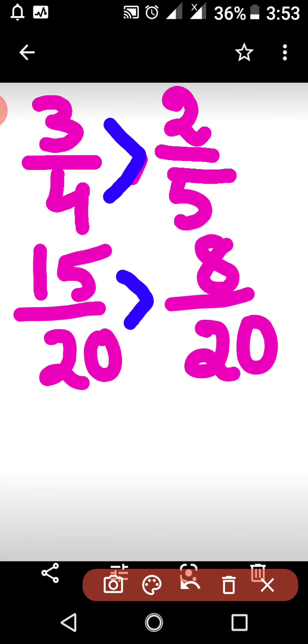So we got the answer. What is the question asked? Which ingredient is used more in the recipe? So the first one, yogurt, is used more in the given recipe. That is 3 by 4th cup of yogurt. This is the way to solve the question. Now try to solve the 5th question in the same way.